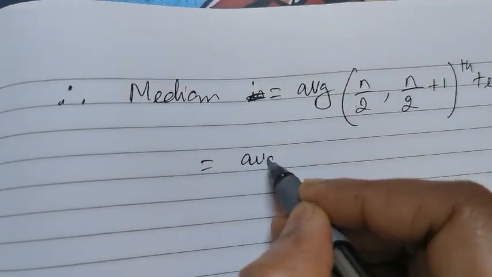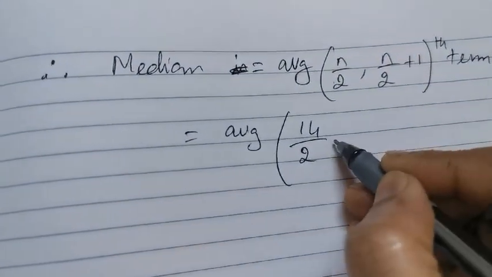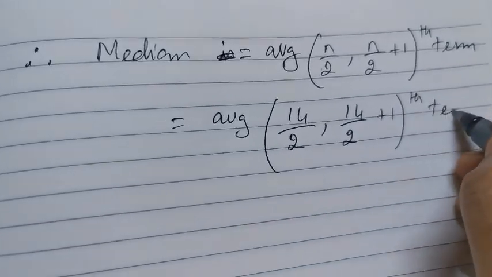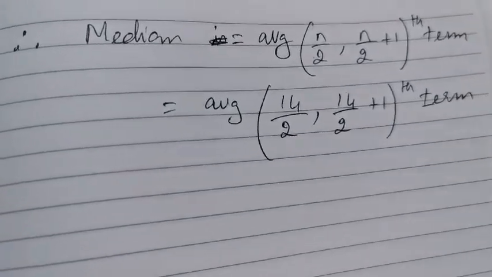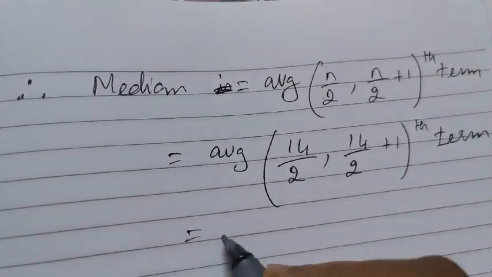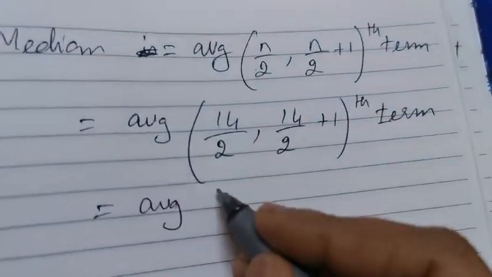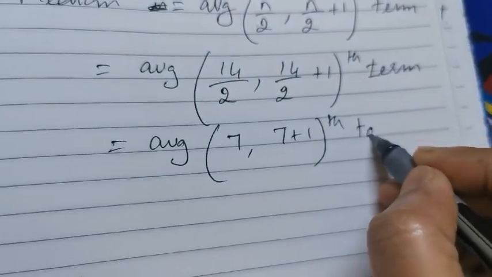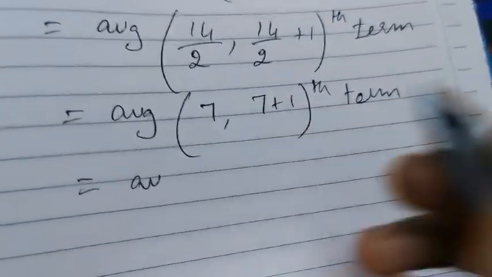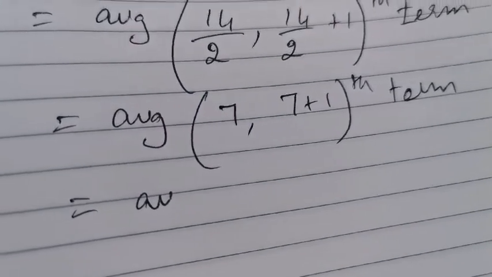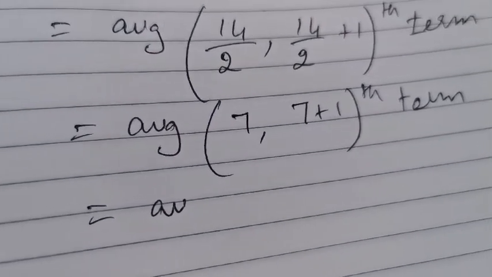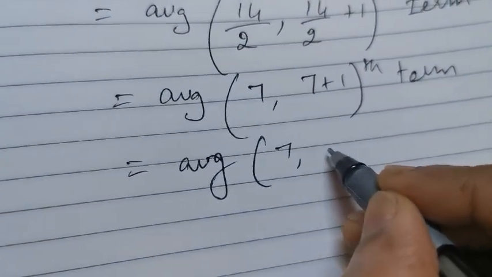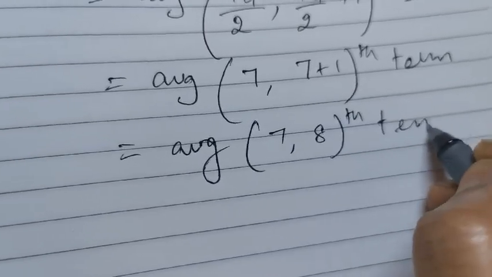So our n is 14: 14 by 2, 14 by 2 plus 1th term. Therefore, the average of the 7th, 7 plus 1th term, so we have to find the average of the 7th and 8th terms.